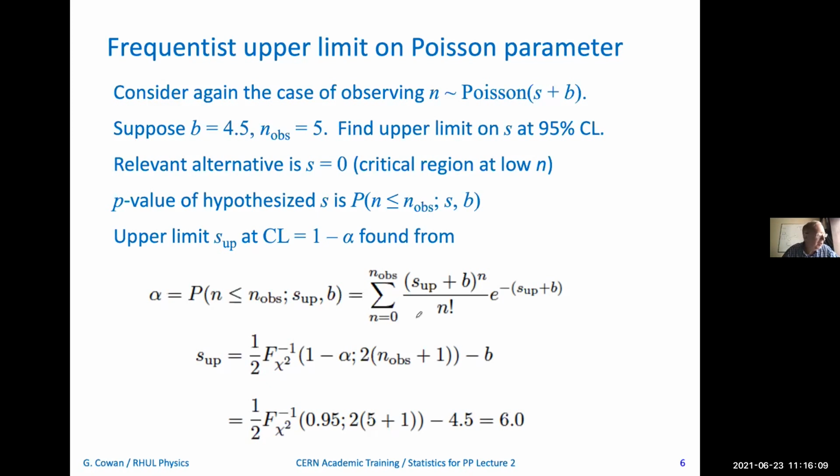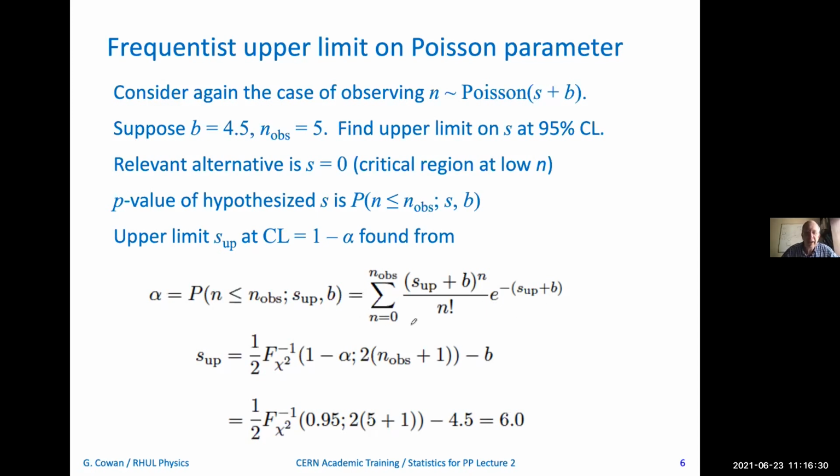That's a slightly obscure piece of mathematics, and don't get confused into thinking that there is a chi-squared distributed variable involved in this problem. No, the data are Poisson distributed. But nevertheless, there is simply a mathematical identity that relates the sum of Poisson probabilities to the cumulative chi-squared distribution.